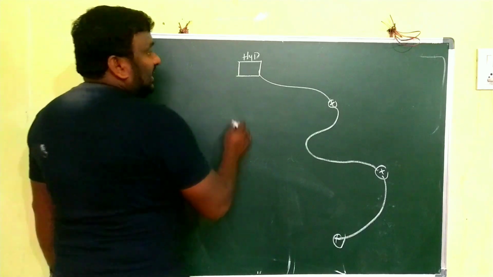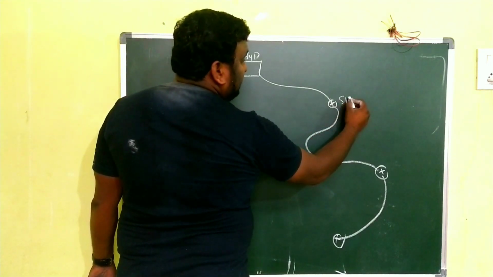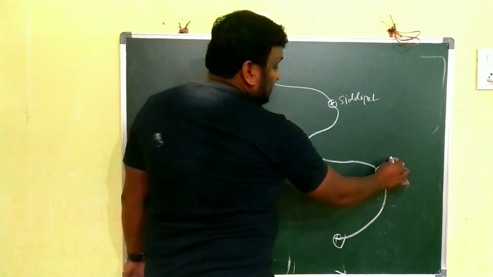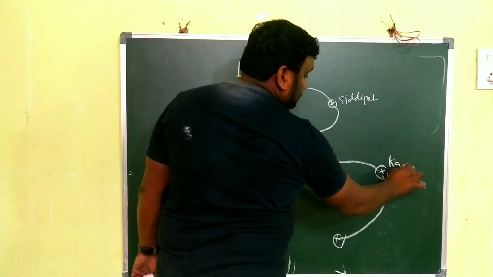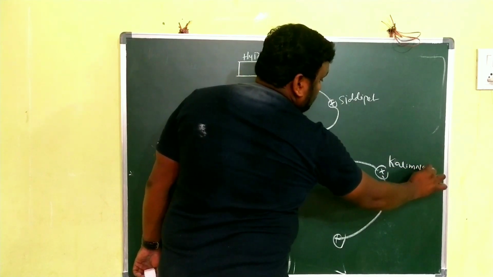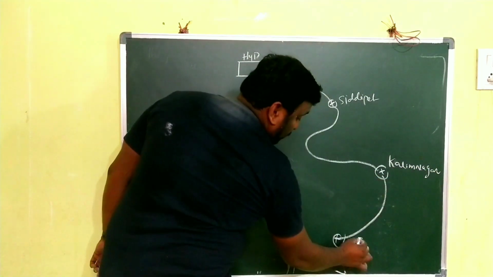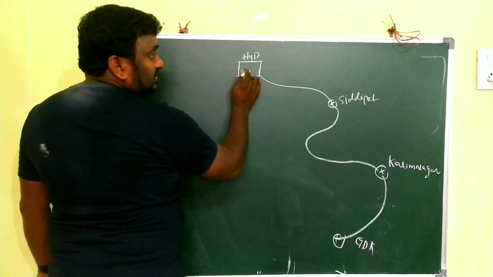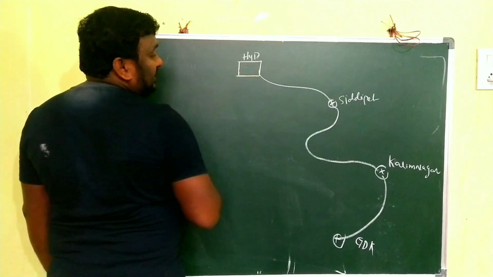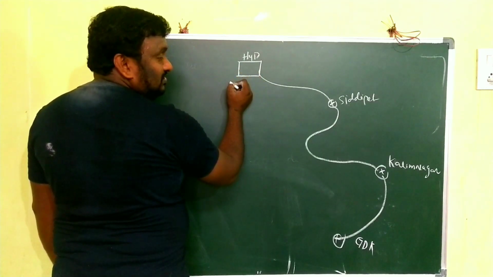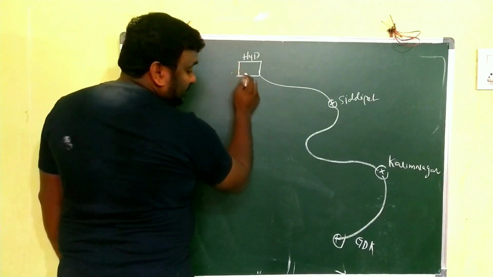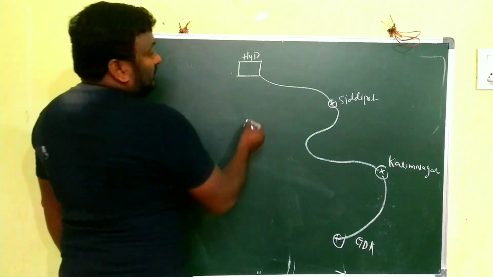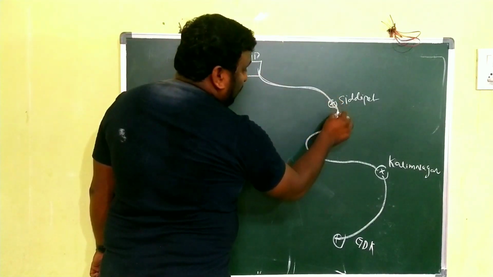Hyderabad, Siddipet, next Karimnagar, next Godavarikhani, like this. The vehicle started at this location of Hyderabad. This is the route map of the bus moving from Hyderabad to Godavarikhani. Clear? Then you can follow the path like this.